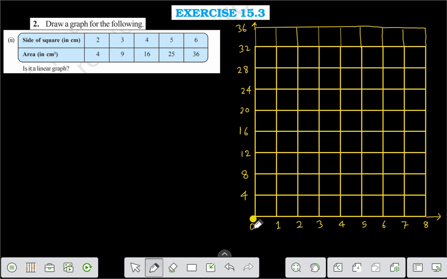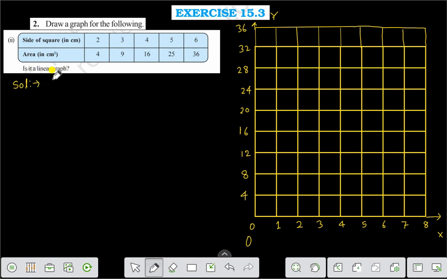Here it is OX, this is O, the X axis, and Y, that is the Y axis. Now to take a scale, we choose a scale like this.